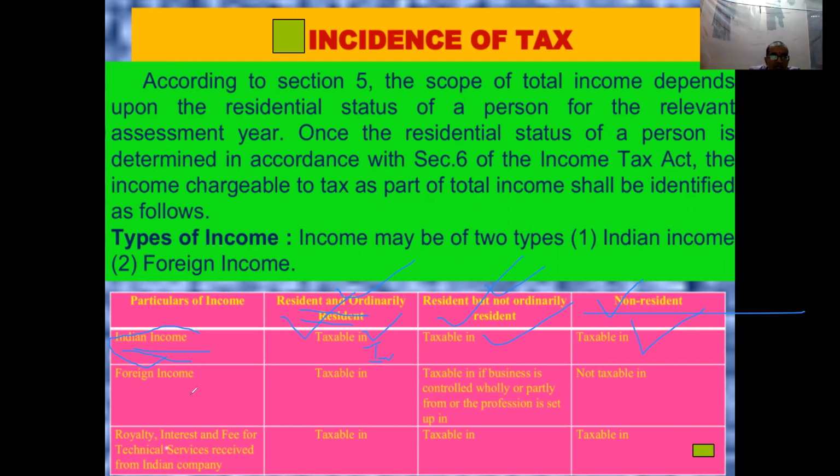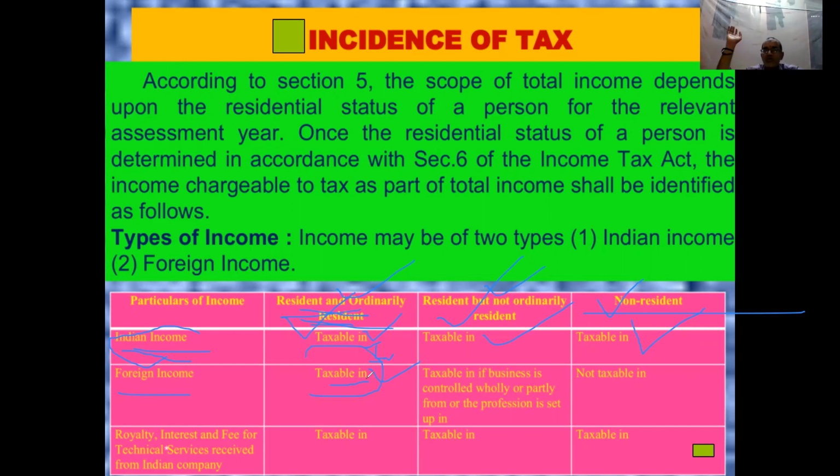Now, foreign income. What is foreign income? It is taxable for resident and ordinarily resident in our country. He has to pay tax on foreign income also. Suppose I earned some income from Sri Lanka University. I visited that university and gave an extension lecture.